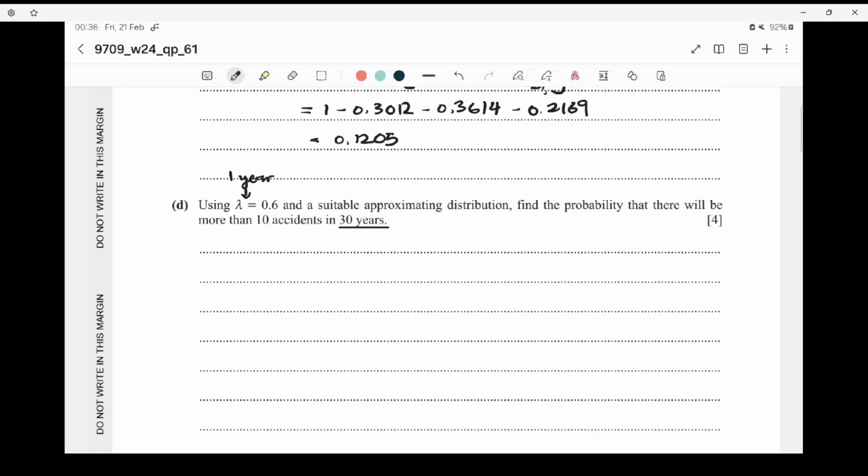So for 30 years, your mean would be 0.6 times 30, which is 18. So you need to approximate. 18 is greater than 15, so you basically approximate using normal distribution.